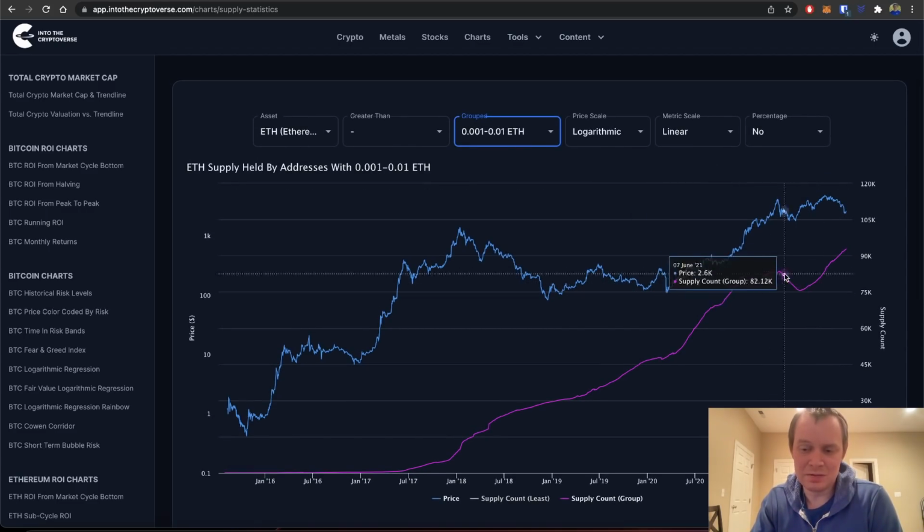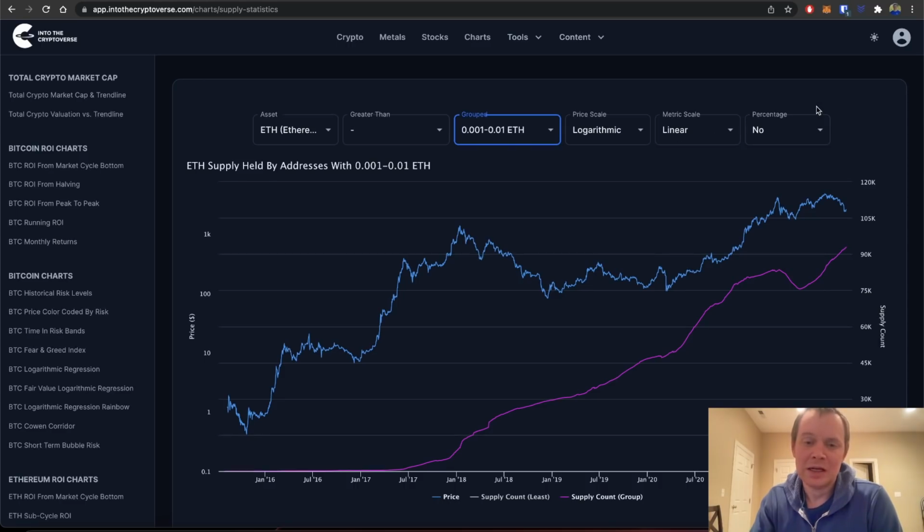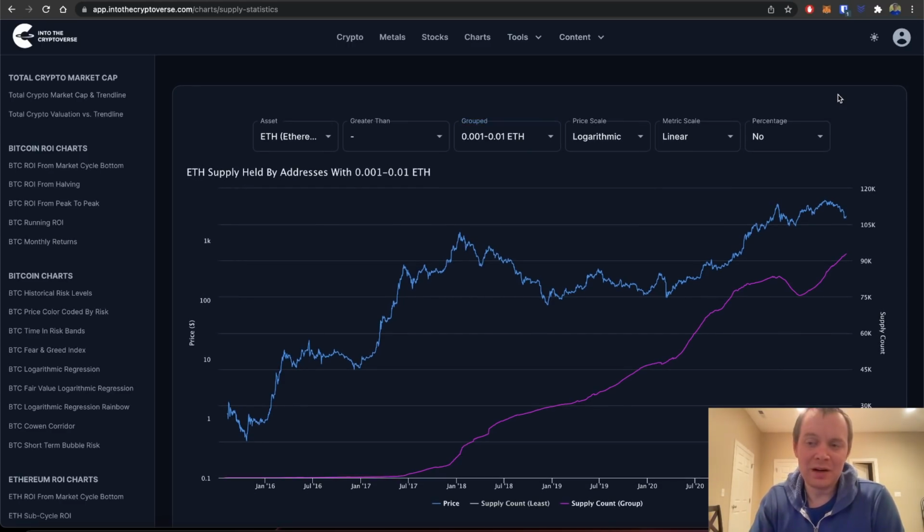It looks like there was some type of distribution going on. Again, note that my interpretation of this could also be incorrect. For instance, one of the reasons why you might see this metric go down during this phase is perhaps the people who held Ether in the amounts of 0.001 to 0.01, maybe this is going down because they were accumulating when it dropped. And so then they're now part of the next bracket up rather than say they're selling off.